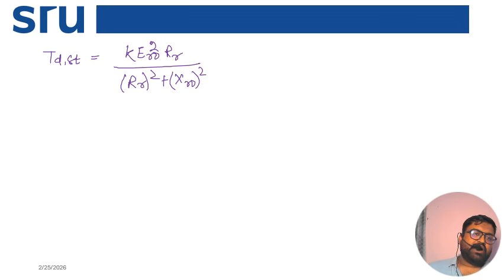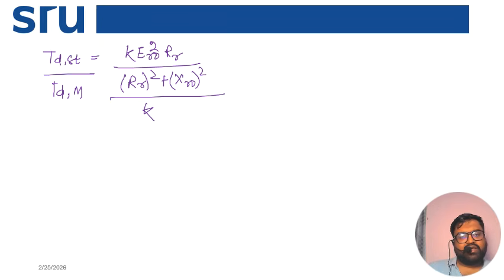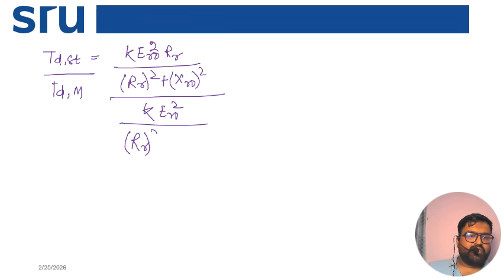And if I divide by TD maximum, then what do we get for TD maximum? That is K ER0 square divided by RR whole square, into 2 into XR0.